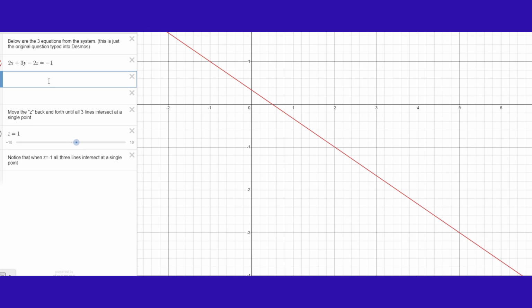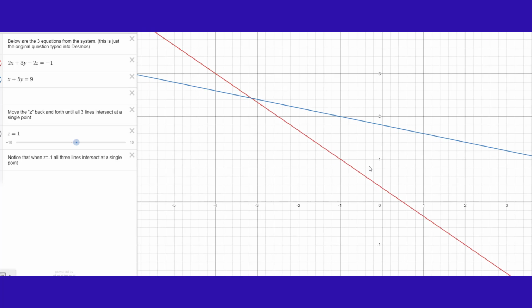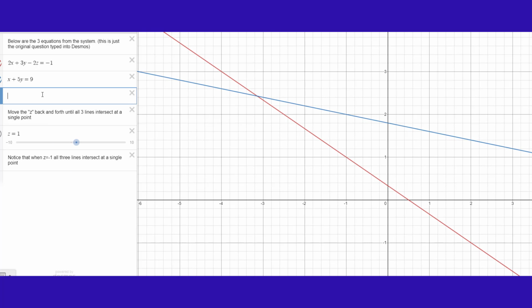Okay, the next one in the system is x plus 5y equal 9. And then I've got 4z minus 5x equal 4. All right, so we've got a system that sort of looks like this, right?